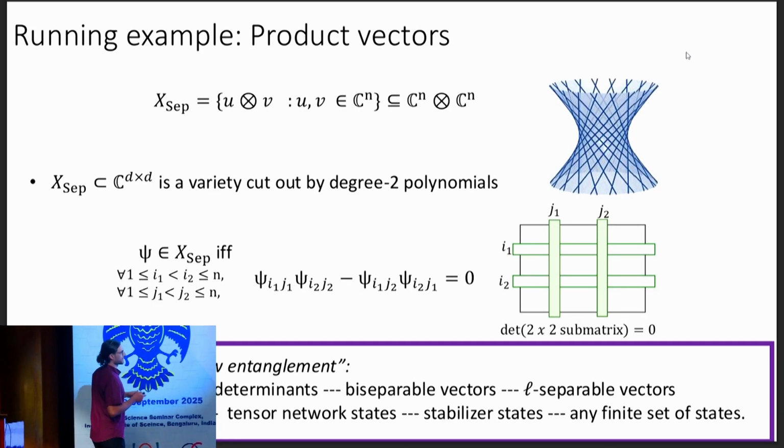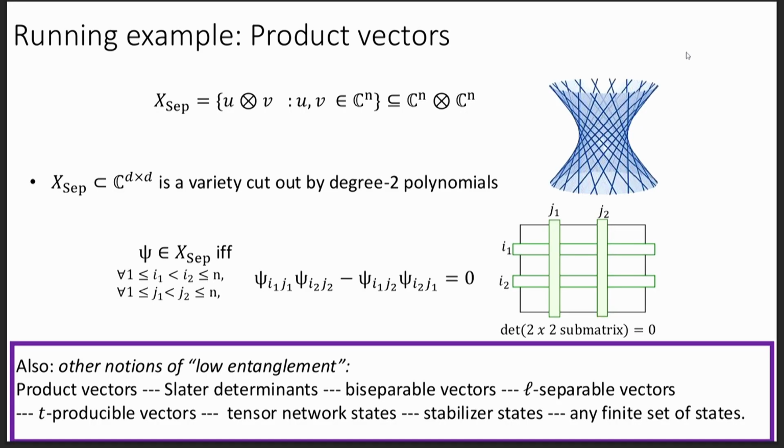It turns out there are many notions of low entanglement that happen to be defined by polynomials. The set of product vectors I've mentioned, the set of Slater determinants, which shows up in quantum chemistry, biseparable vectors, L-separable vectors, all these things that pop up when you're studying genuine multi-party entanglement instead of complete entanglement.